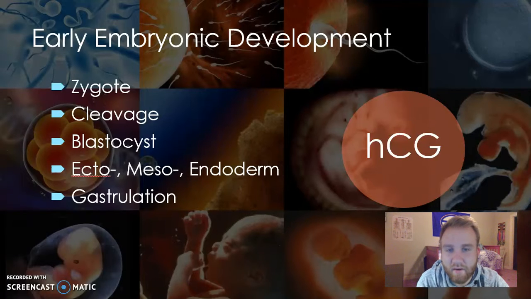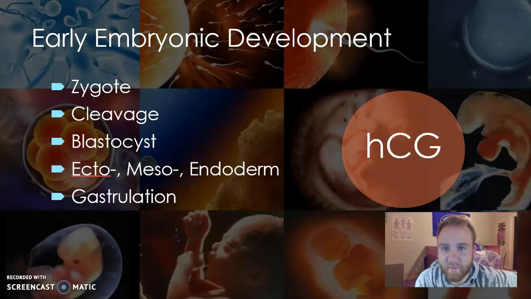After the layers are able to be seen in the hollow ball of cells at 11 days, at 16 days, a process known as gastrulation occurs, where the hollow ball starts moving inward, creating different compartments in the hollow part of the ball. The different compartments will make up the fetus or protect and supply the fetus. One compartment will become the actual baby, and the other compartments will be the yolk sac, the amniotic sac, that sort of thing, the placenta.